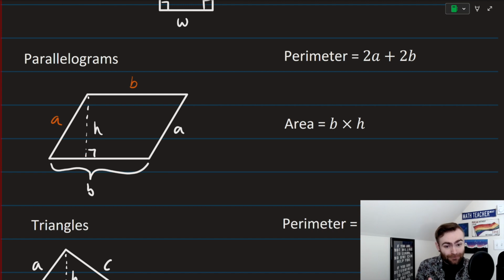We have that by default with a rectangle or a square, so we have to draw an altitude or a height for our parallelogram so it intersects at 90 degrees with one of the sides. And so it's the height times the side it intersects at 90 degrees. So we could also draw it this way, horizontally here. We just have to make sure that it hits at 90 degrees.